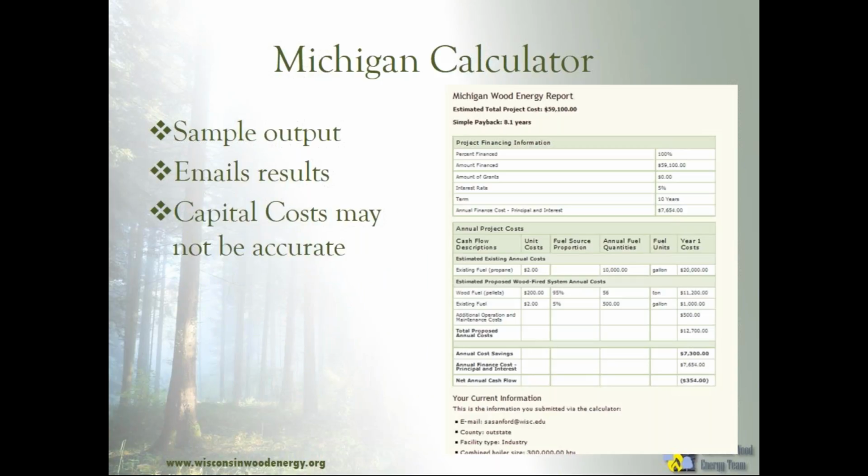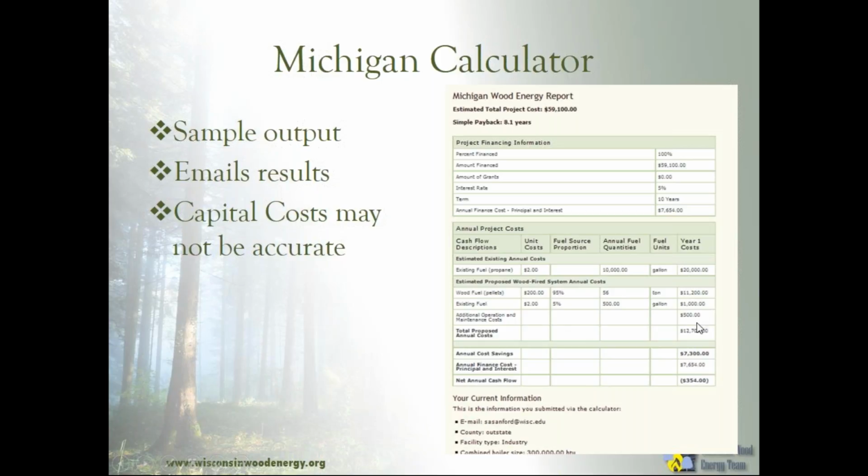So I don't have a screenshot of the inputs, but this is what the output will look like. It basically gives you a summary of your costs here, and your wood pellet cost, what the existing, so this is 95% of your heating, 5% of your heating. You've got some additional maintenance costs.